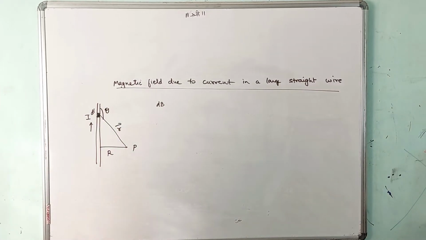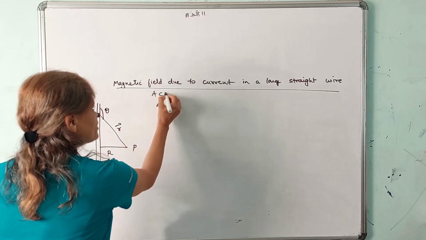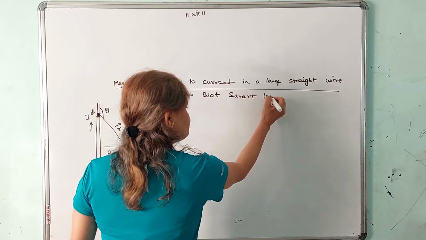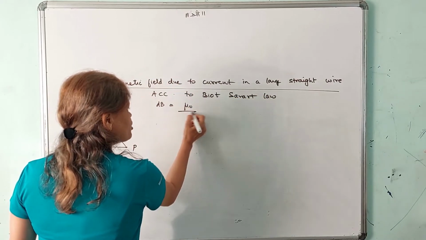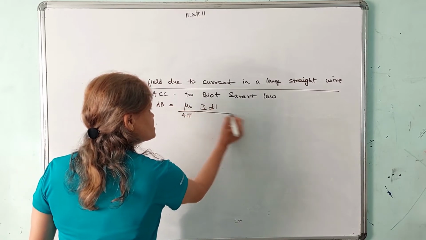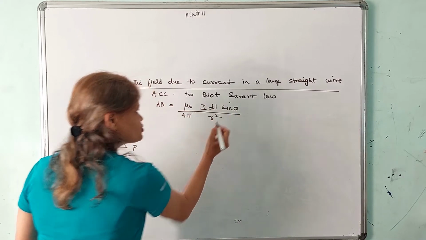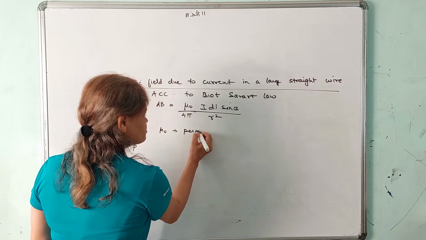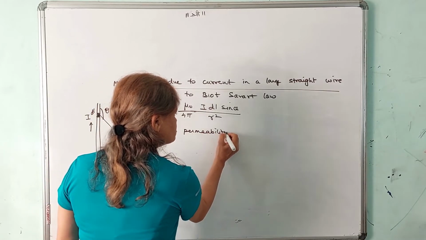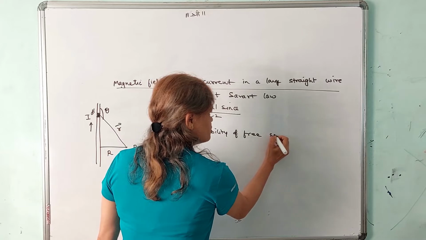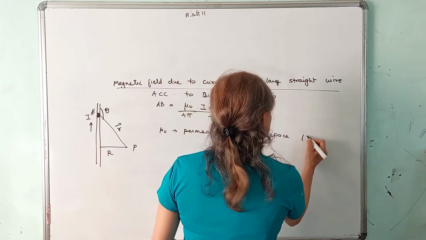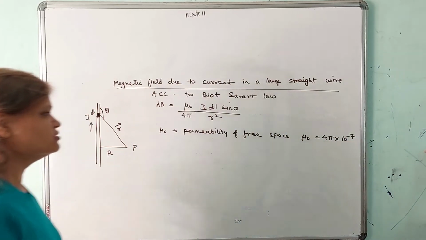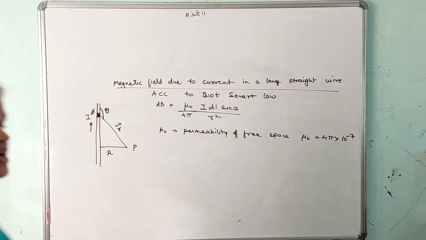Now first we will apply again the Biot-Savart law. According to the Biot-Savart law, dB is equal to mu naught by 4 pi I dl sin theta by r square, where mu naught is the permeability of free space, or air or vacuum also you can say, and its value is mu naught equals 4 pi into 10 raised to minus 7 Tesla meter per ampere is the unit.